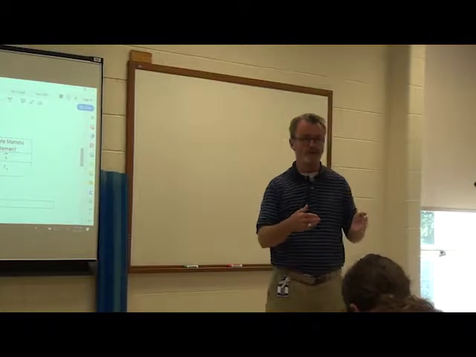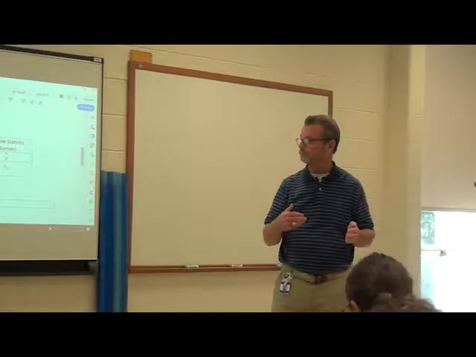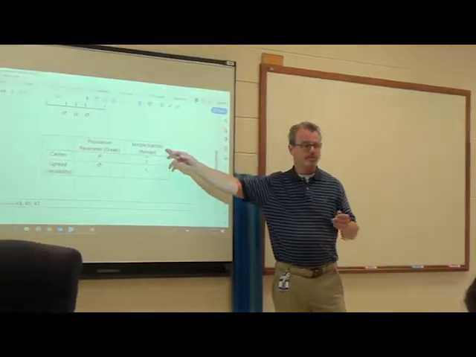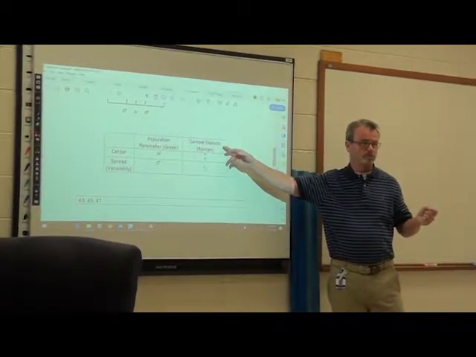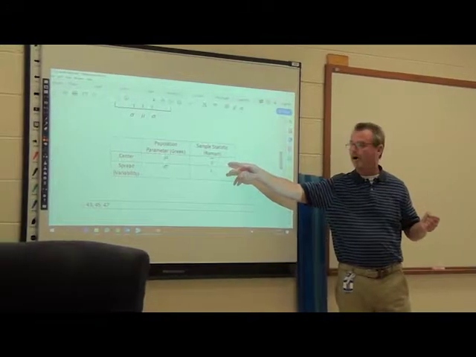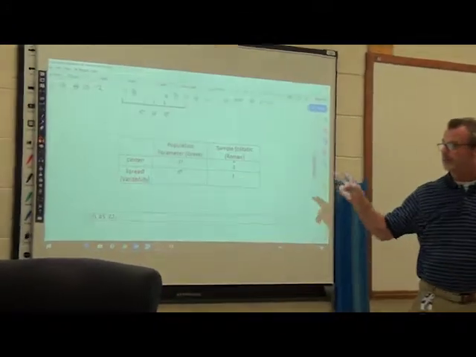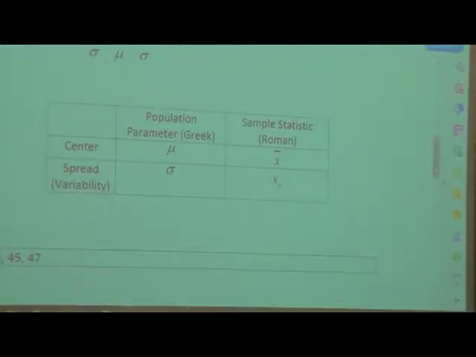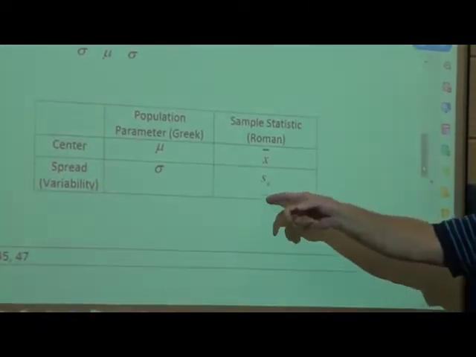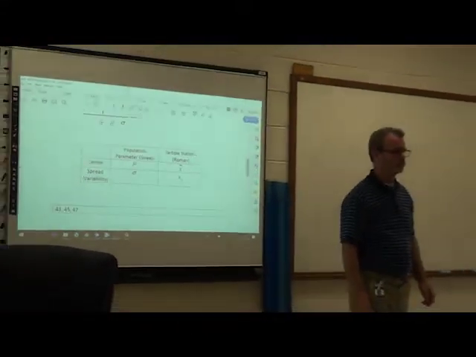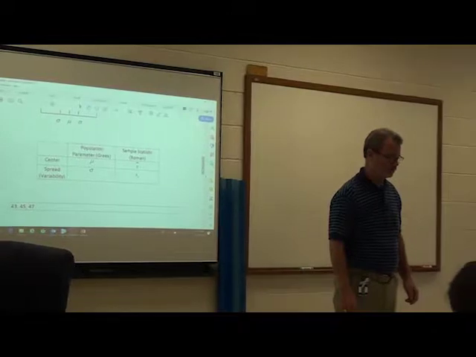So we can use Greek letters to describe that data. If you have a statistic from a sample, then we use Roman letters. So x bar is the mean, and s of x is the step. Overwhelmingly, you're going to see the Roman letters. All right?